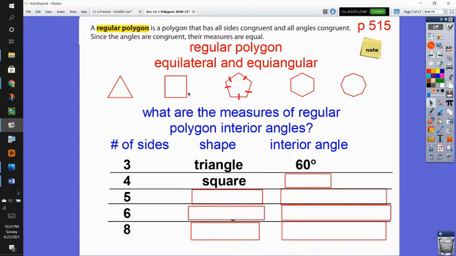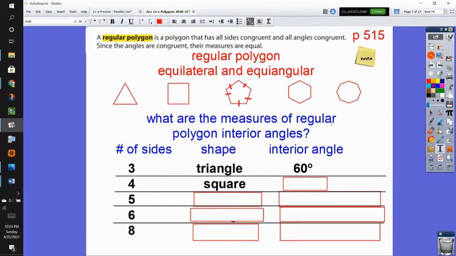What are the interior angles? What is each angle? Okay, so to find what each interior angle is, you find the sum using the rule of n minus 2 times 180, and then divide by the number of sides, which is n.